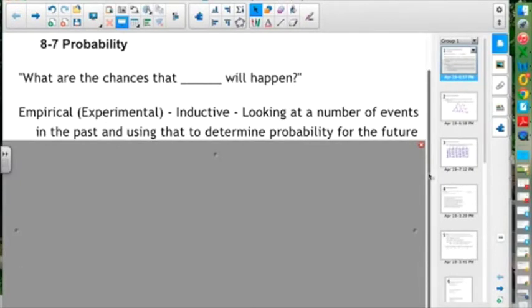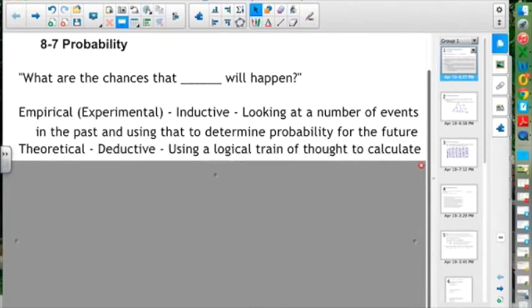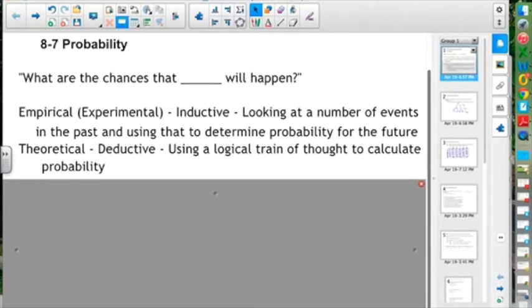We are going to be using a lot of another kind of probability, and that's what's known as theoretical. Theoretical probability is more of a deductive approach. Here, we're starting with certain given information, and we're trying to then apply it, okay, and be deductive.